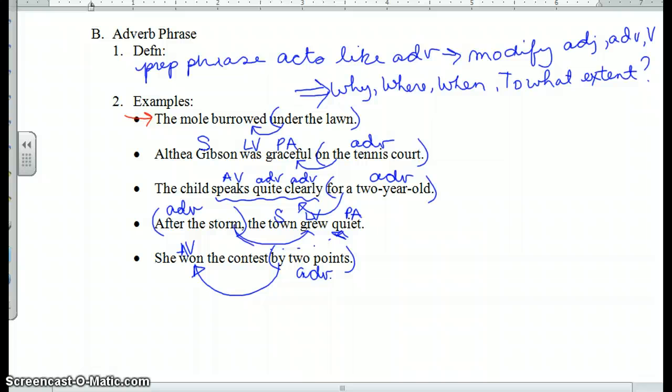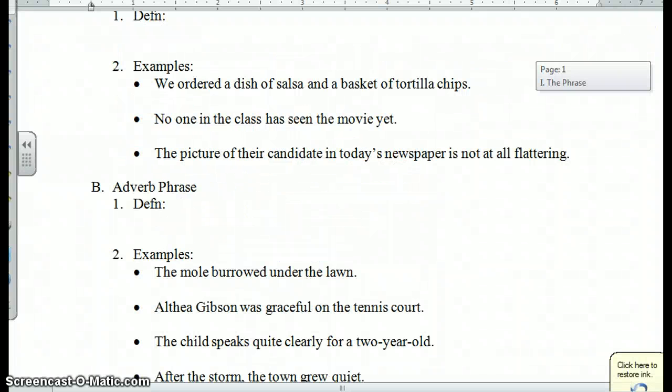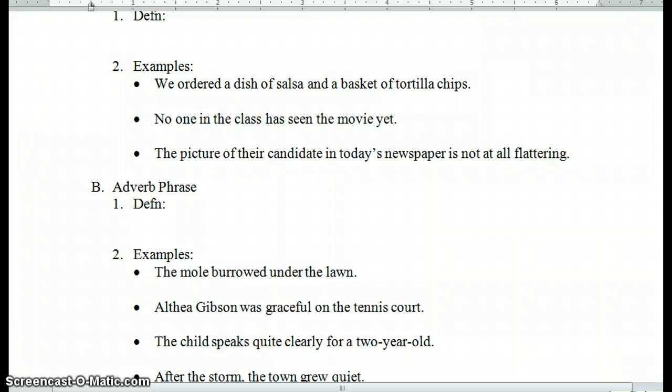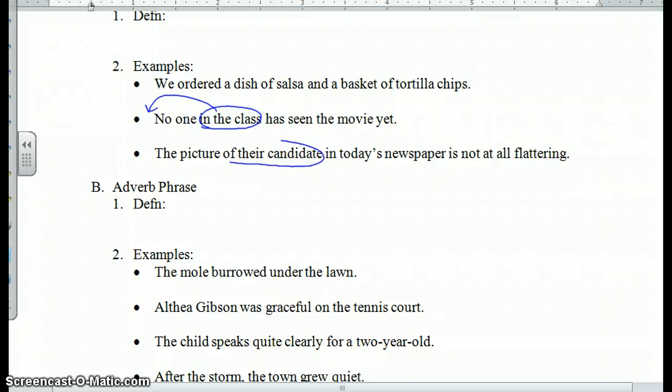So if we look at this next one, if we said, on the tennis court, comma, Althea Gibson was graceful, it makes sense. But if we would go back and try that test with something like in the class, if we tried to move that first and said in the class, no one has seen the movie yet, it doesn't really work. Of their candidate, the picture in today's paper doesn't make sense. Adjectives have to stay very close to the words they modify. Adverbs can roam a little further away.